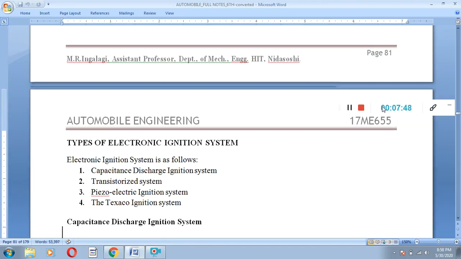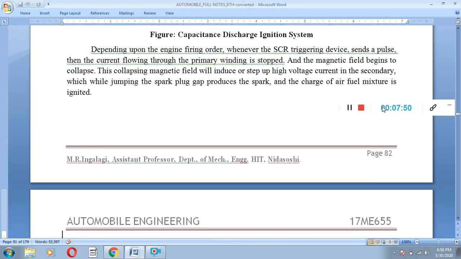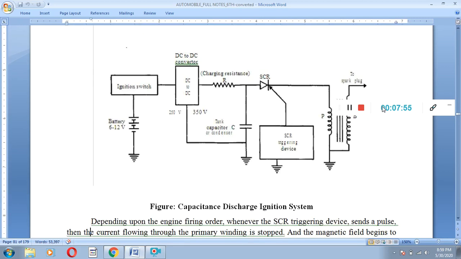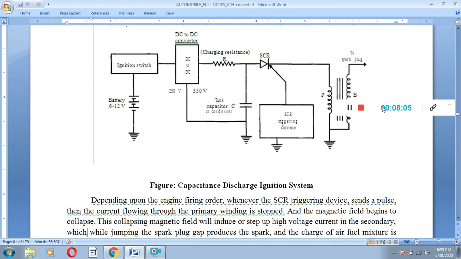Now moving towards the electronic ignition system. Here we have one diagram for the electronic ignition system, by which we can explain the capacitance discharge ignition system, also known as the capacitor discharge ignition system.